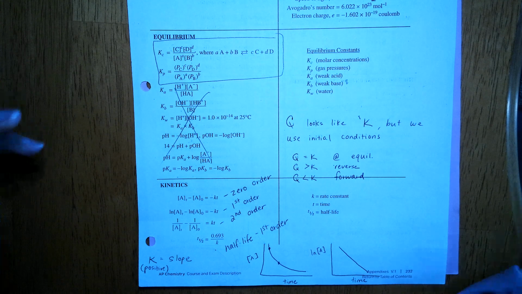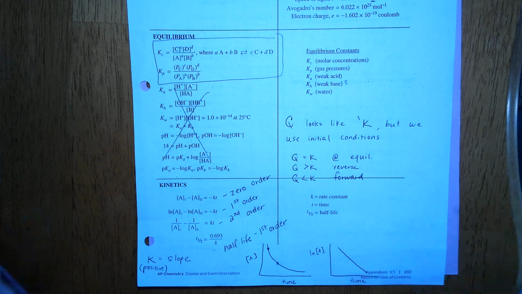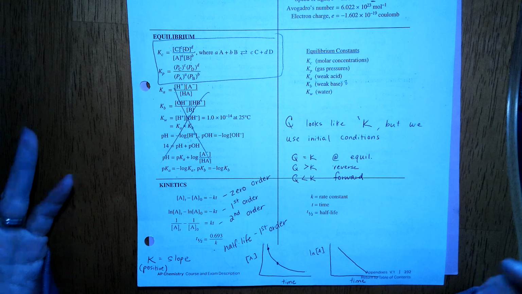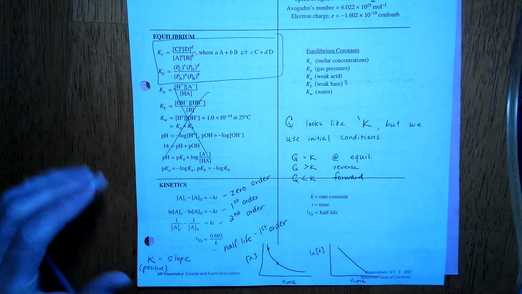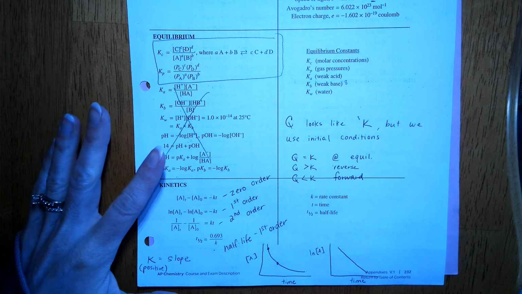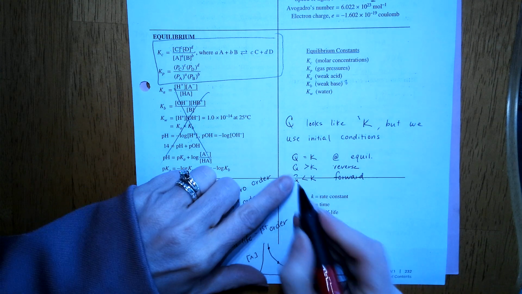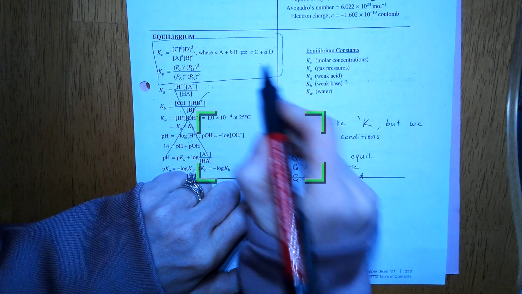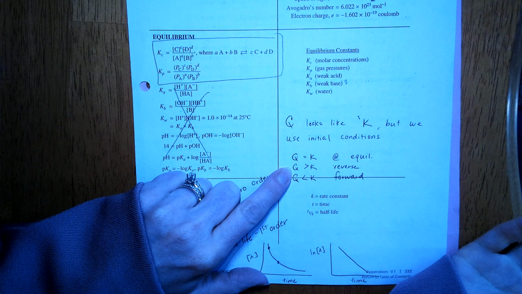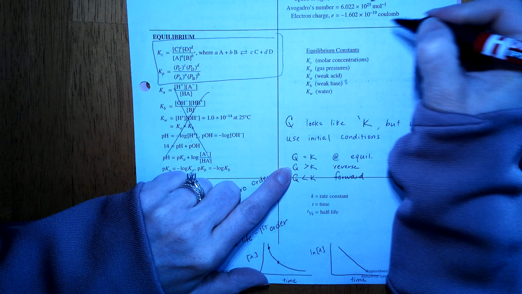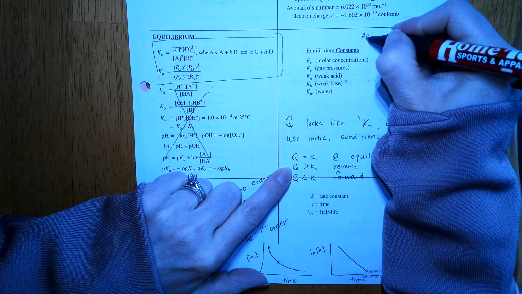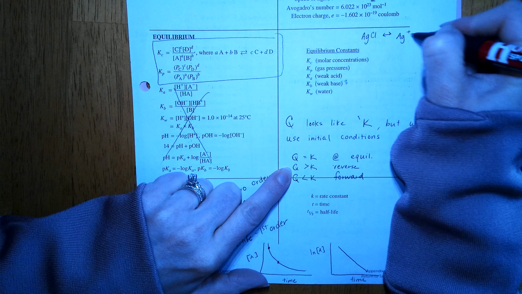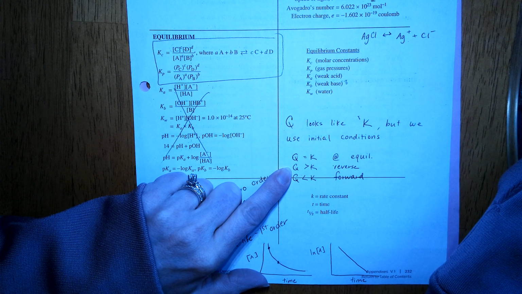Now, in reference to solubility, somebody asked a question about solubility too. We can use Q to predict whether or not a precipitate forms. So in reference to solubility, if Q is bigger than K, and Q are the products, in solubility, the products are the ions. So maybe I had something like silver chloride forming silver ions and chloride ions.